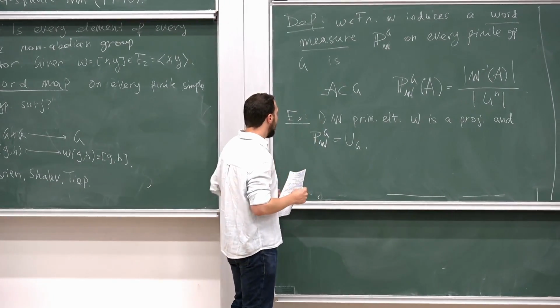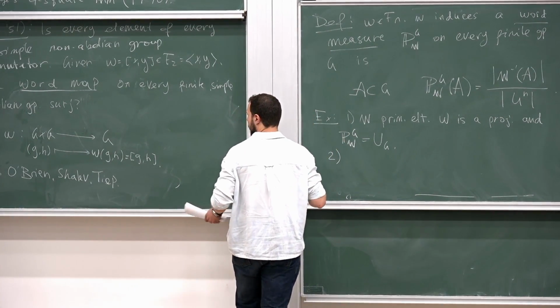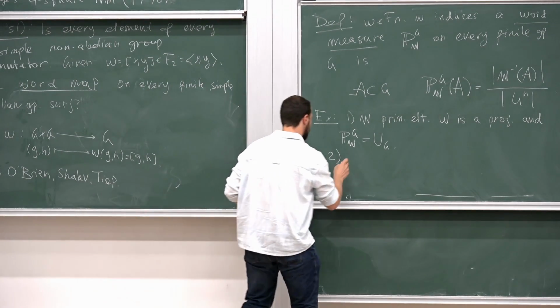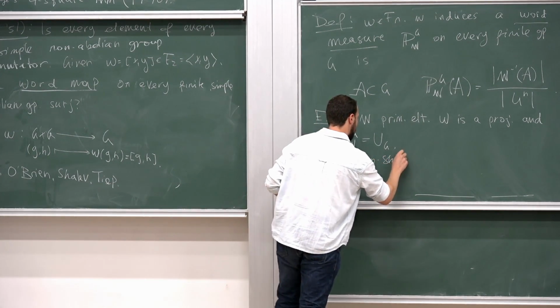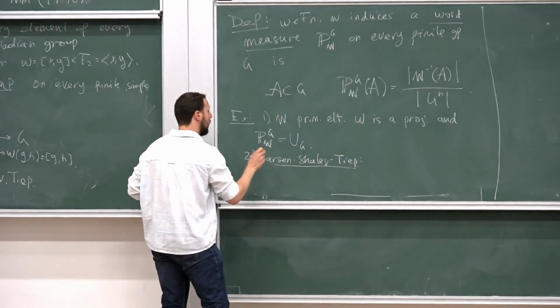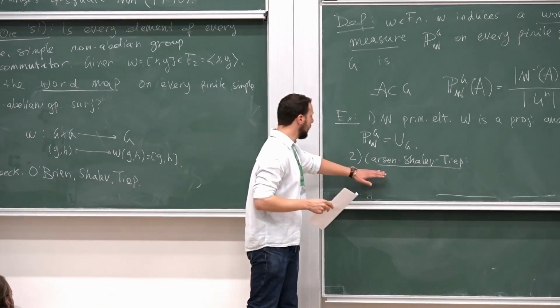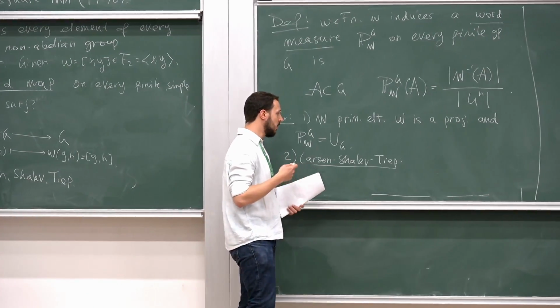So this gives us a fine invariant to look at, but other deep works of Larsen, Shalev, and Tiep tell us that maybe this invariant is not necessarily very good at differentiating words.